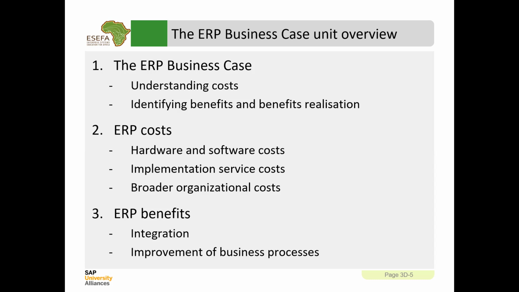Now, the ERP costs are majorly the hardware, the software cost, implementation service cost, and then the broader organizational cost. So you are adopting an ERP system, so you have to use hardware. There are some hardware that you have to purchase, then software.